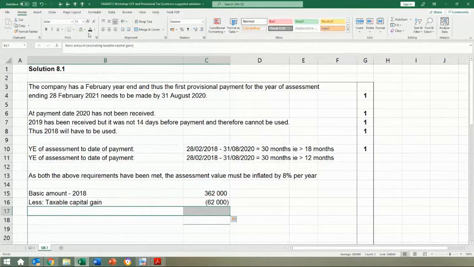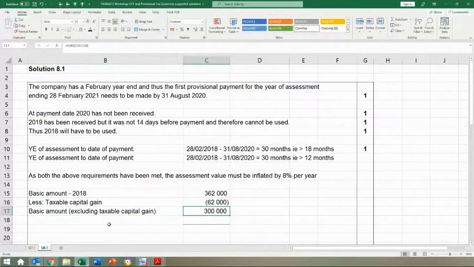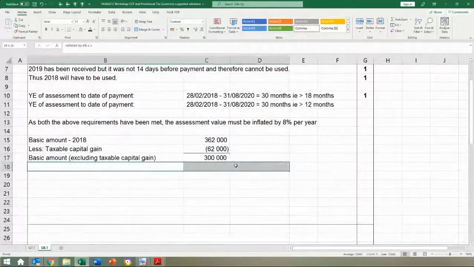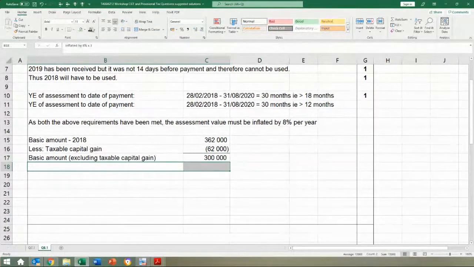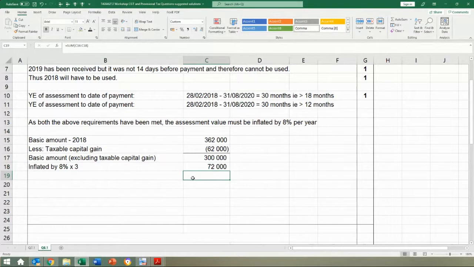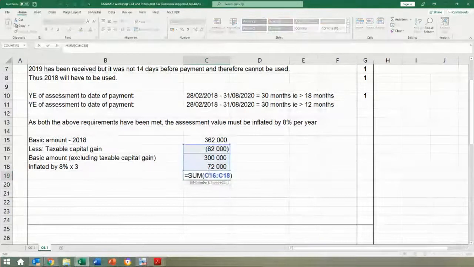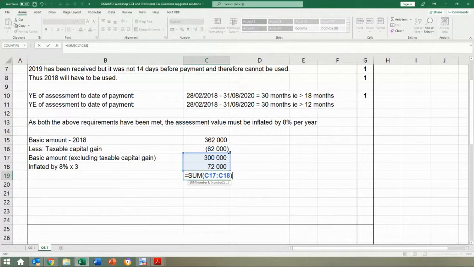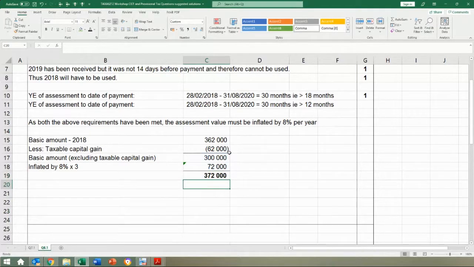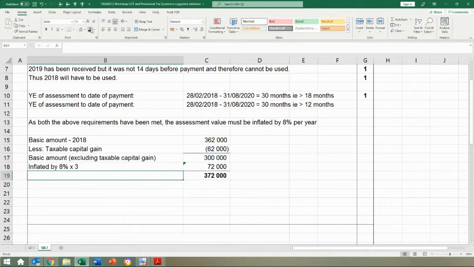So you work out the adjusted amount excluding the taxable capital gain, which is the 300,000. And then we apply the 8% for the 3 years that have passed to get it to the correct financial period. So our basic amount is the 372,000 that we are going to use.